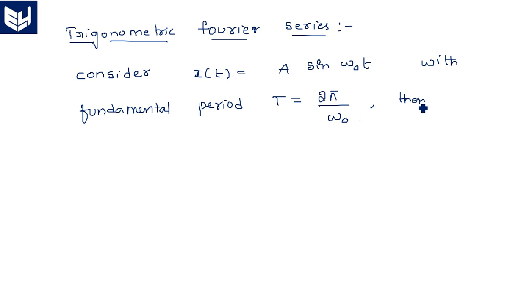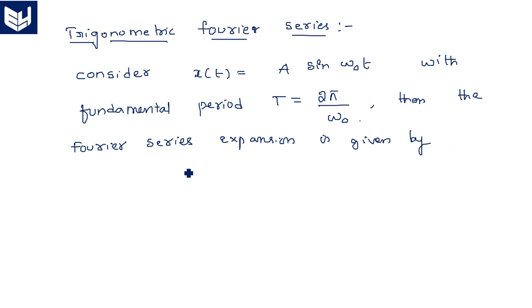Then the Fourier series expansion is given by x of t is equal to, so the given signal is A sine omega naught t.